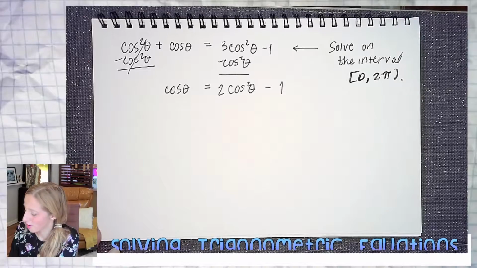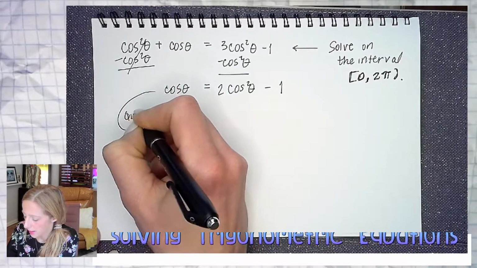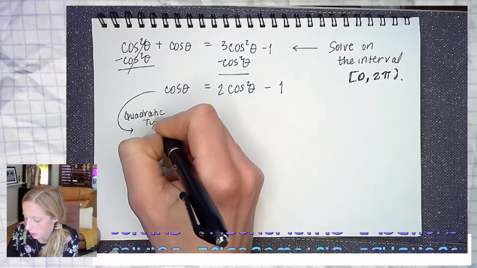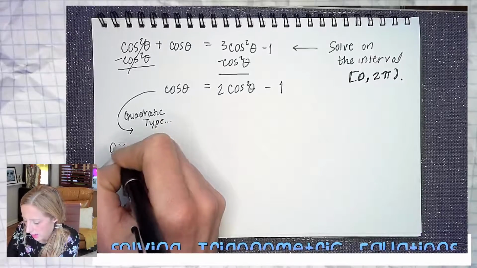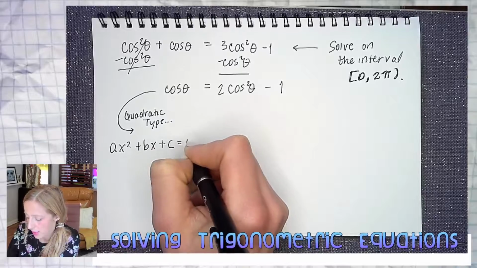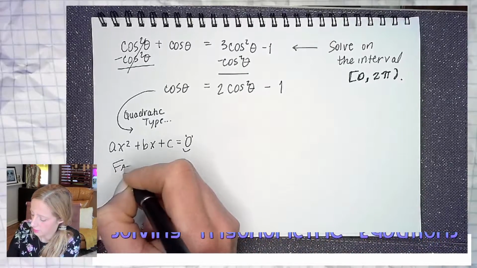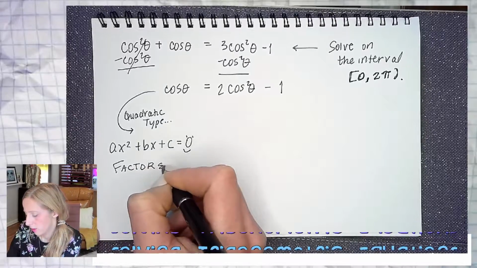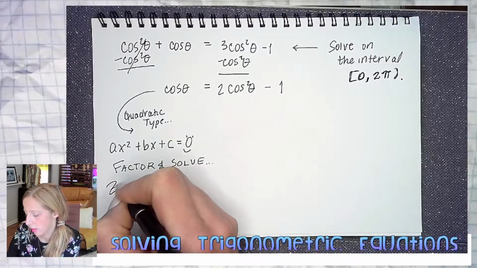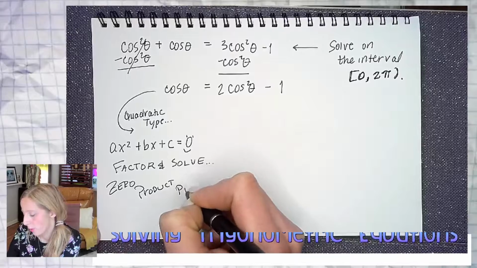Well, it's starting to look like a quadratic type. So we want it to look a little bit more like ax squared plus bx plus c, and we want to get it equal to 0 so that we can factor and solve. When we factor and solve, we are using the zero product property.